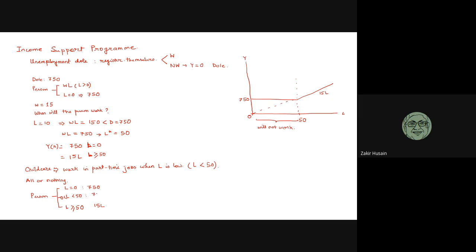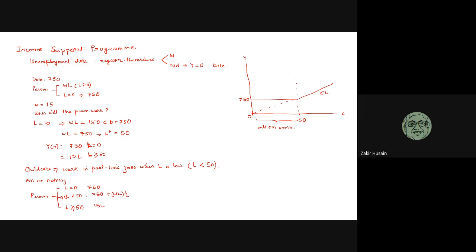She can keep the unemployment dole, but she has to pay a tax. So this should have been income, but you say no, because you're getting the dole, you can keep only 50% of what you're earning.